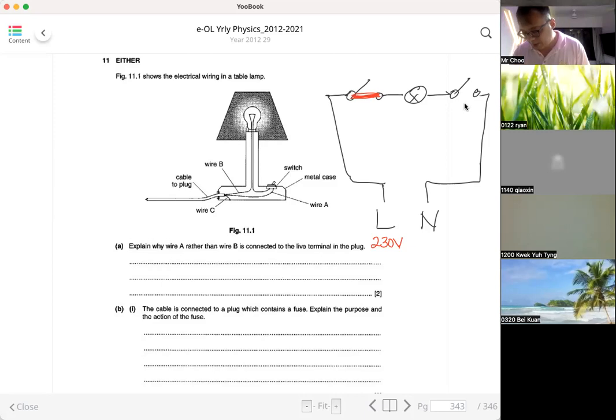From the live wire all the way to the switch, all this green part will also have a potential of 230 volt. But that doesn't mean there is current, because there's an open circuit. All the green part of the circuit will have the high potential of 230 volt. Is that clear? Are you clear about this now?